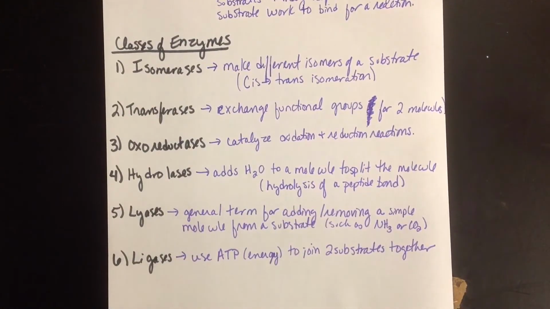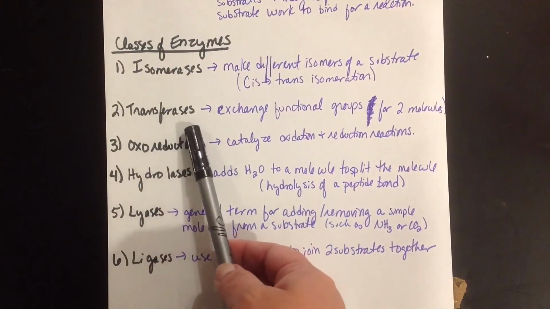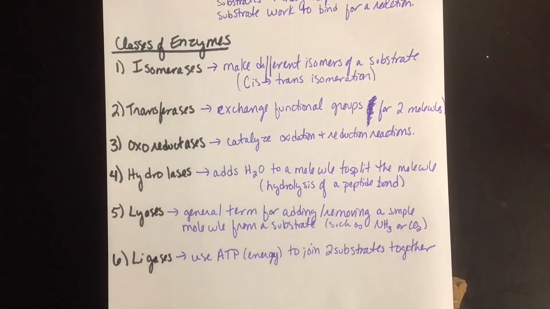Next we have transferases. This can exchange a functional group between two molecules. Say that you have a C double O bond on one of them and you have an alcohol on the other, or say that you just have a methyl group on the other. What can happen here is that C double O bond might go to the first or the second substrate while the methyl group goes to the first one. So it's basically where things get transferred, hence the name, in transferases, okay?